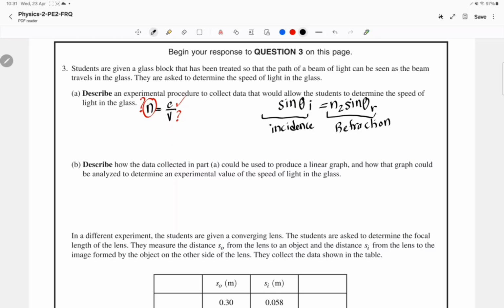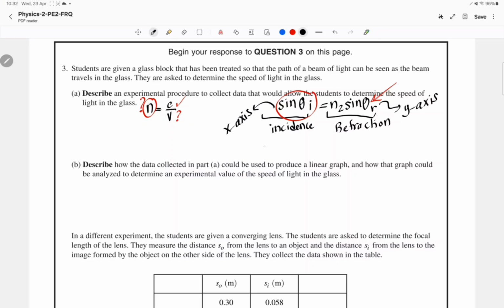So we are able to change the sine of theta I, which will then result in a change in sine of theta R. So if you are able to change sine theta I, that's going to be your x-axis. And if the result is going to be seen on the sine theta R, that's going to be your y-axis.